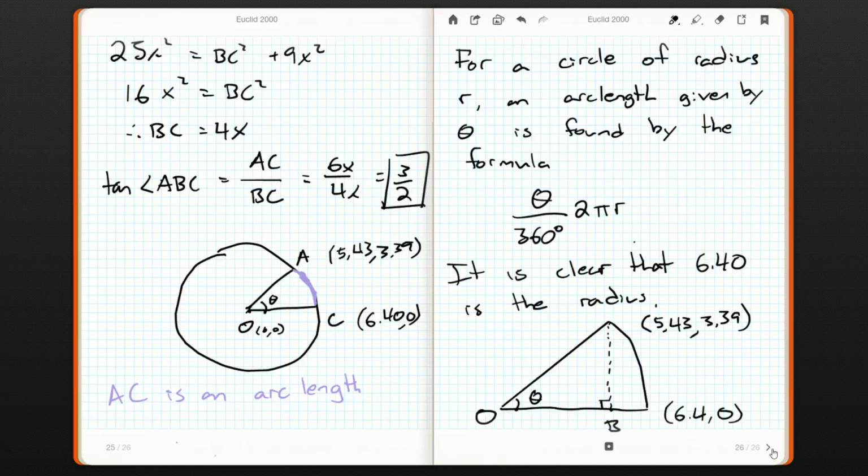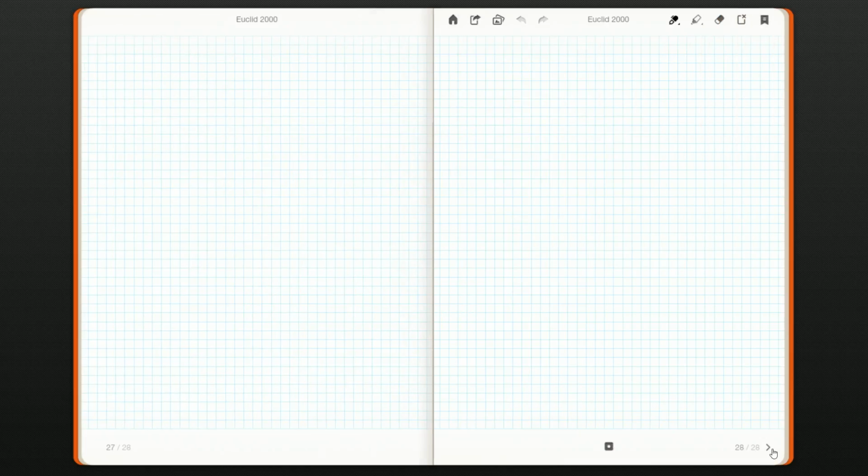So you can pick any one you want. If you want to use So or Ka out of our Sohcahtoa, that's fine. You will need to calculate the hypotenuse, which is going to be 6.4 because it is the radius of the circle.